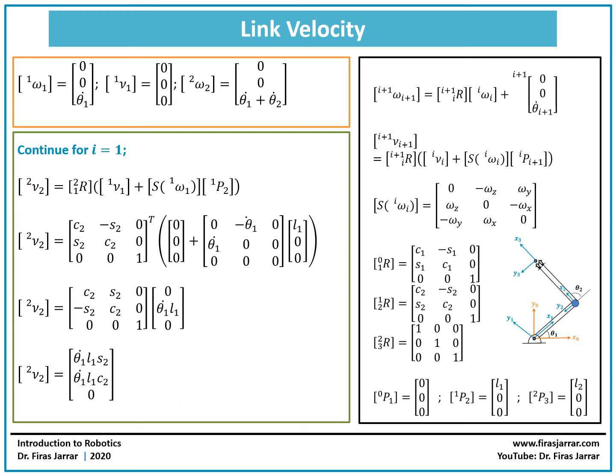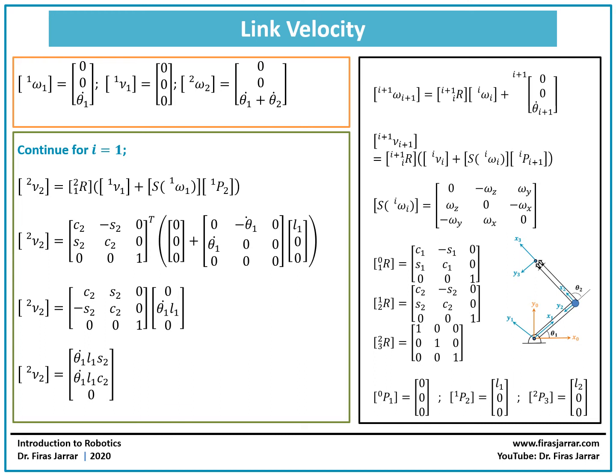So in the orange section we have the results obtained so far for link 1 and the angular velocity for link 2. Now we'll continue with i equals 1, but now for the linear velocity. And the linear velocity is obtained again by substituting the value of i, which is 1, now in this formula.